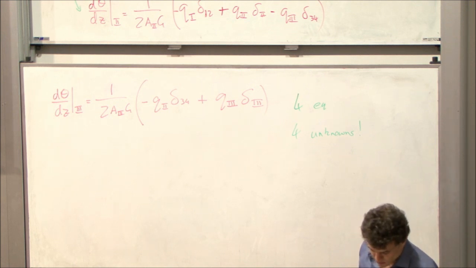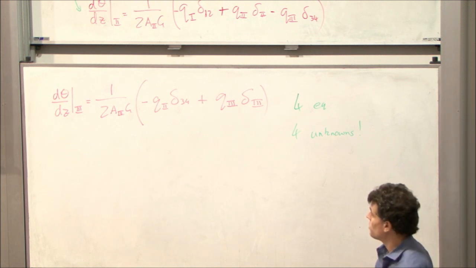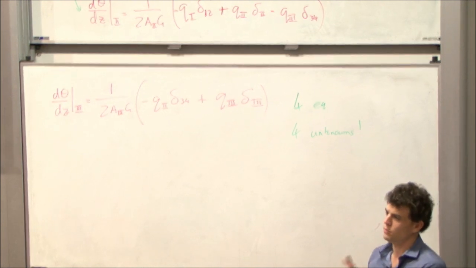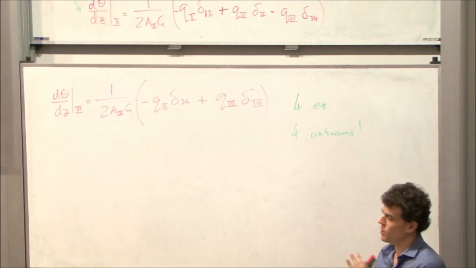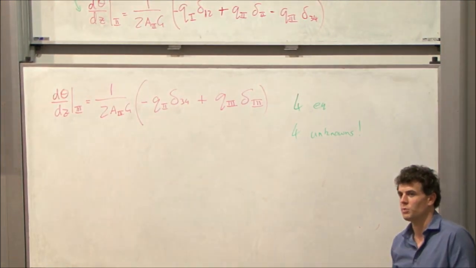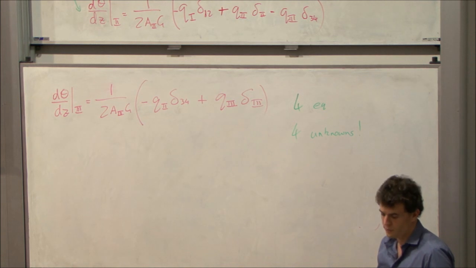The example in the tutes is only a 2-cell problem. And so 2-cell problems, you've got 3 equations and 3 unknowns. It's something that you can possibly do by hand.